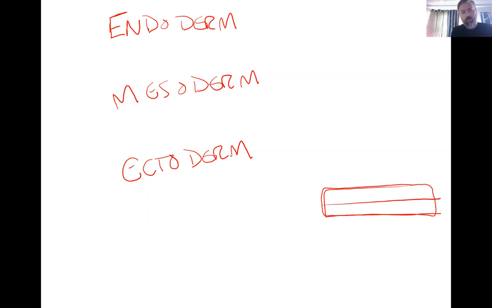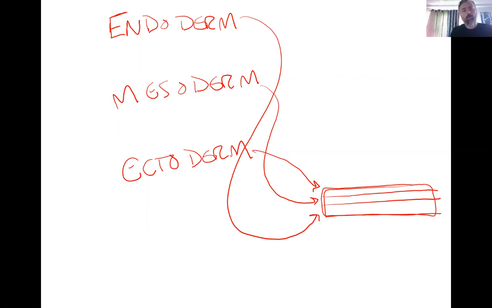And we're going to just divide into three layers. Outer layer on top is the ectoderm, the mesoderm is the layer in the middle, endoderm is the layer on the bottom. And the ectoderm and endoderm in particular are going to have some foldings that go around and eventually turn us into a tube, so to speak.